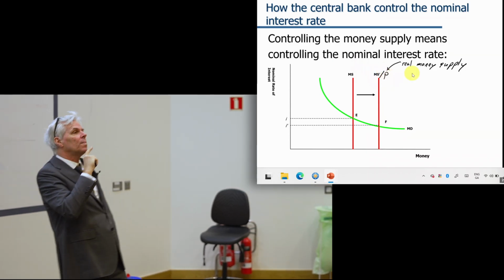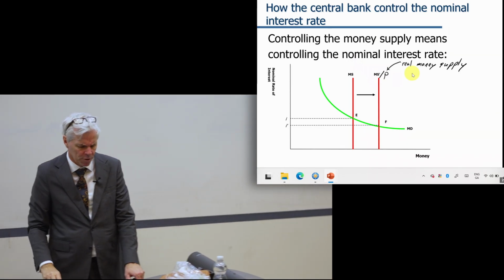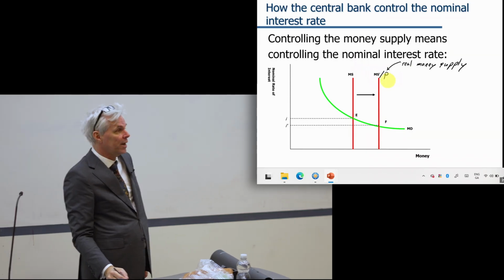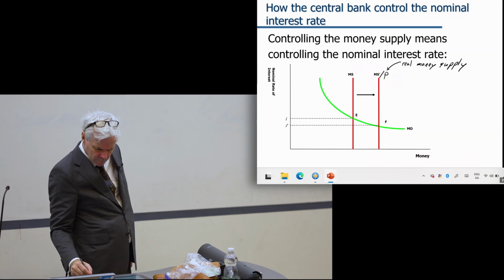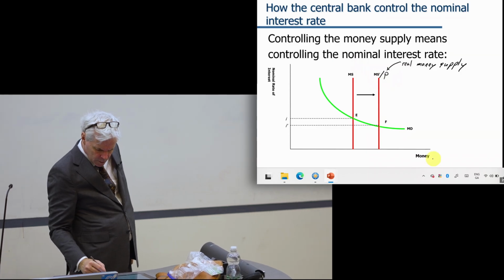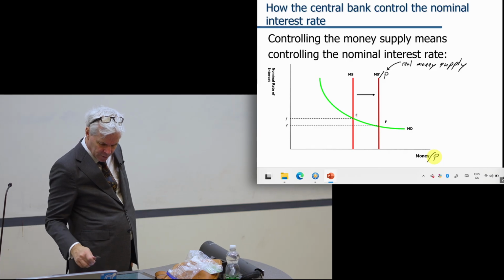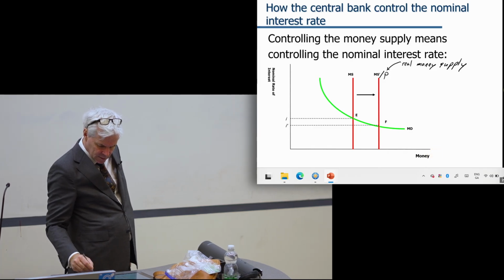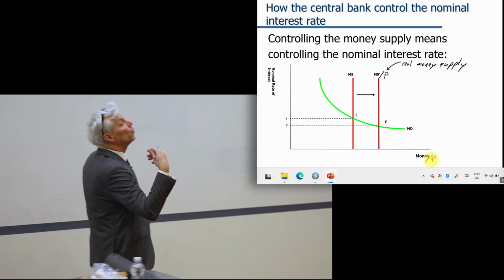Now I will say, different books do this differently. A lot of books, and my preferred method, is to put the prices there, right? But we could have instead put money over prices here. That is, we're wondering what the real money supply is.